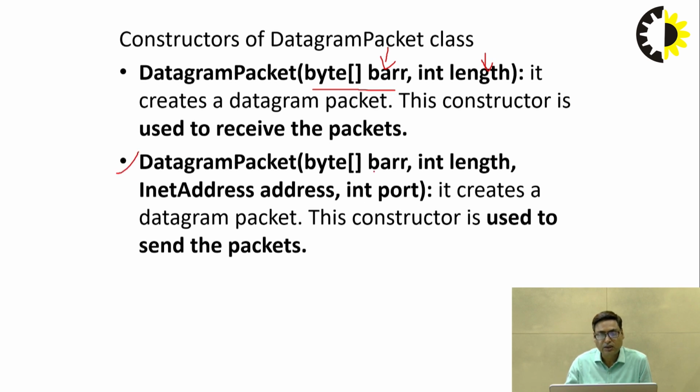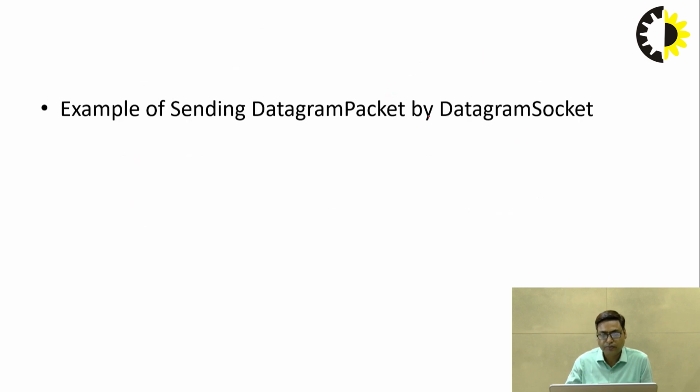The second constructor takes the information as an array of type byte, you specify the length of the array, the IP address to which you are going to deliver the packet, and the port number. So the first constructor takes only 2 parameters and the second constructor takes 4 parameters. It is your choice. You can create the object using the first constructor, or using the second constructor.